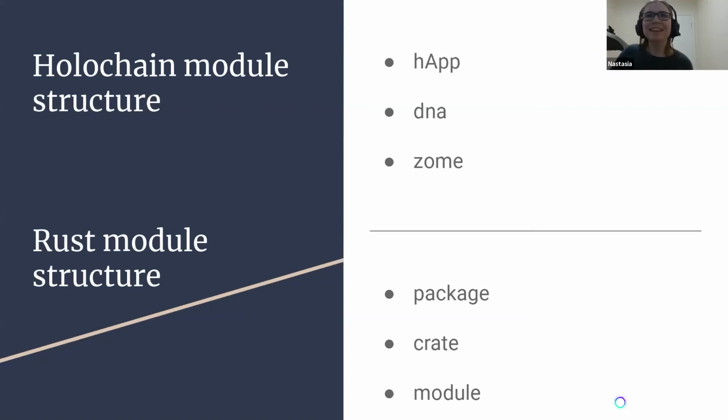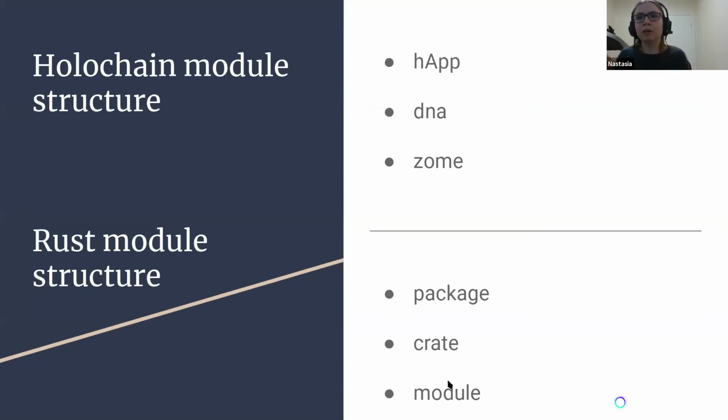Continue, please. So here's the list of all the things that apply to the module structure, from the lowest level, where we have the Rust module, to the highest level, where we have a Holochain app, called hApp for short. So a Rust module is the smallest unit of code management.